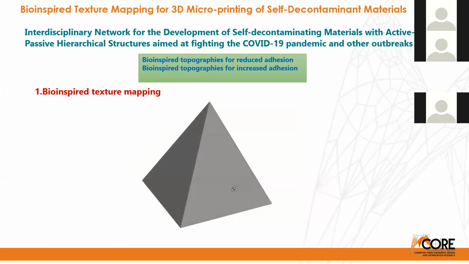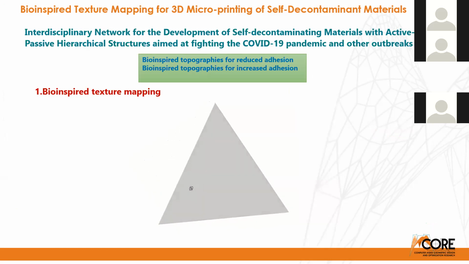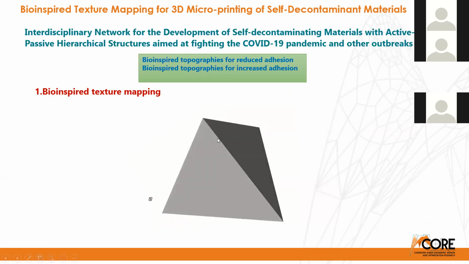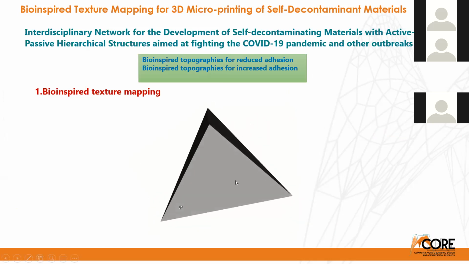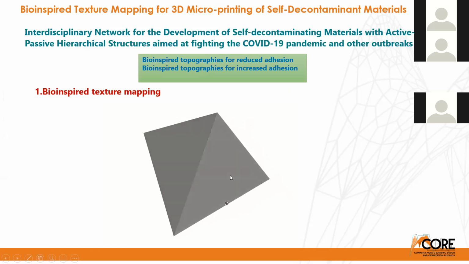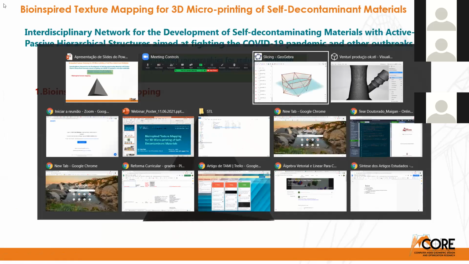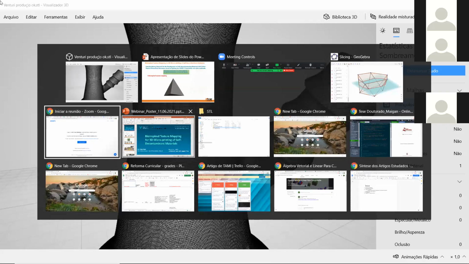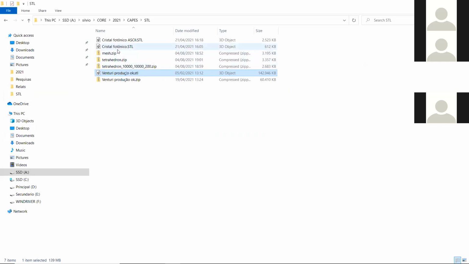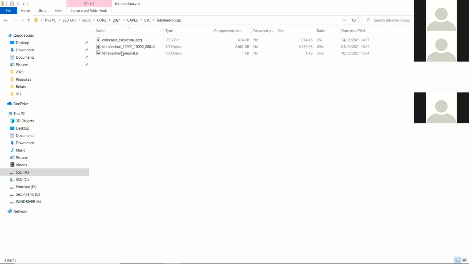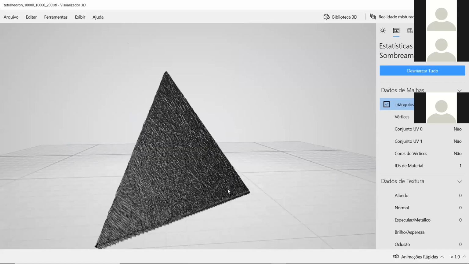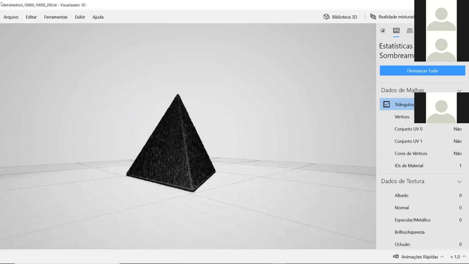Here is a tetrahedron with a triangle size more or less compatible with the printer, on each face. Then let me, excuse me, let me show you the actual one. So can you see this tetrahedron?